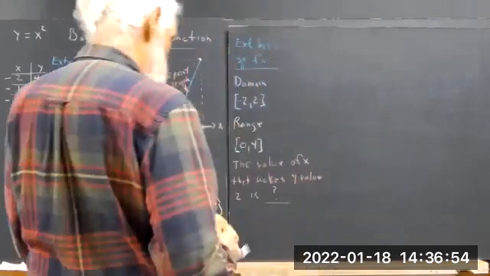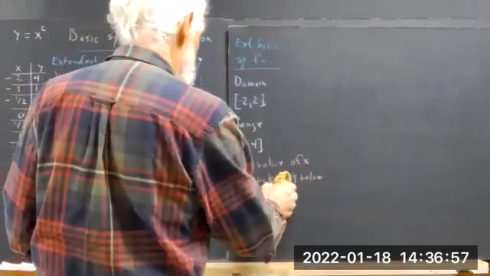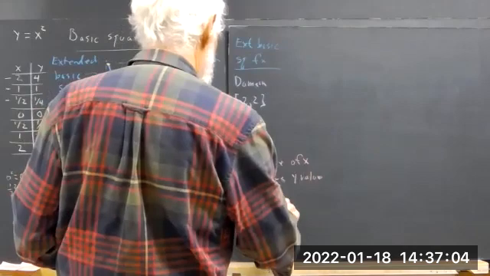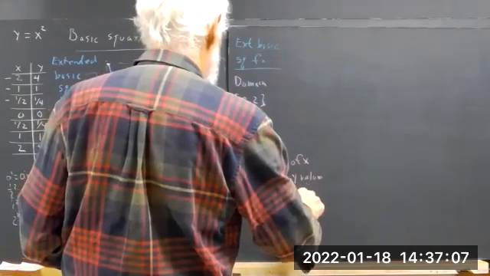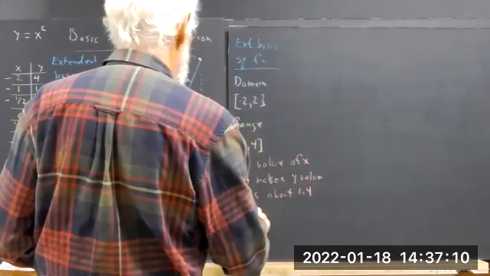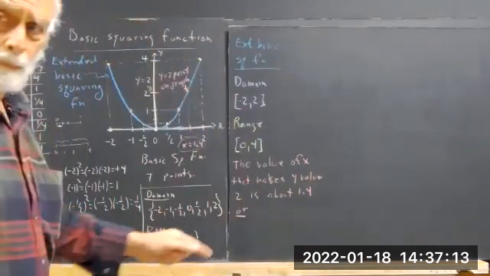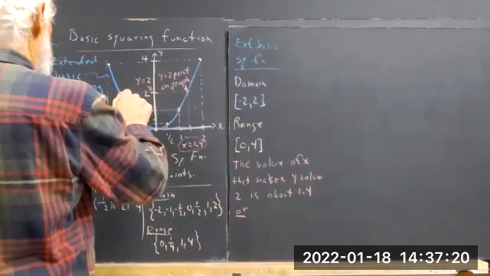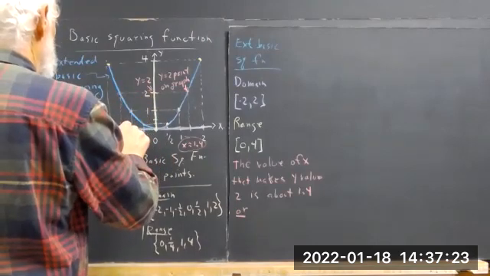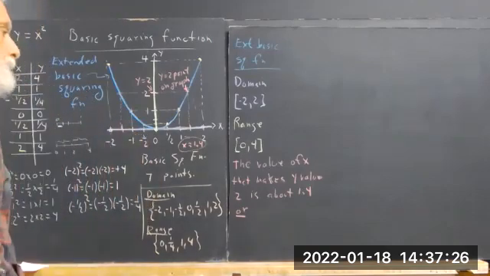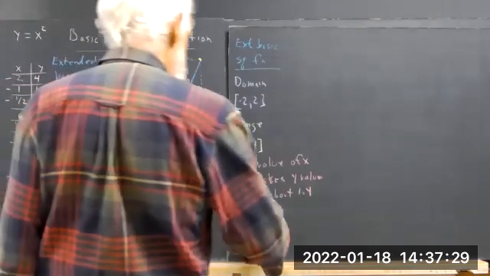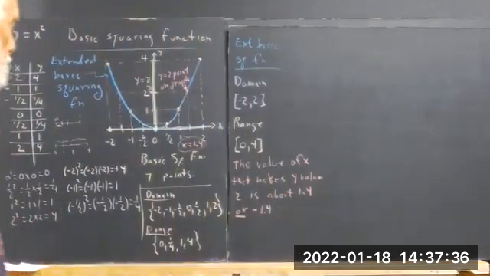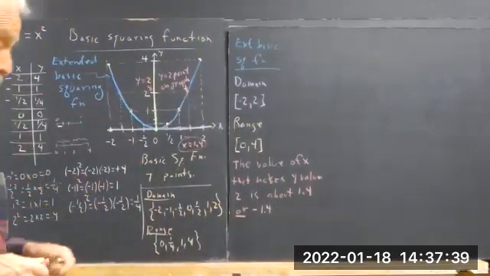So what is that value? It's about 1.4. Of course, there's another y equals 2 point, and that would be negative 1.4. Much more I could say about those points, but I'm not going to do it now.